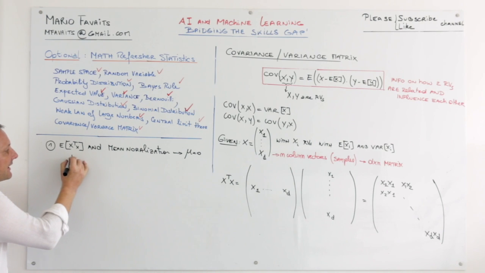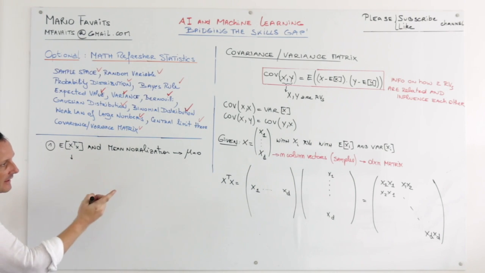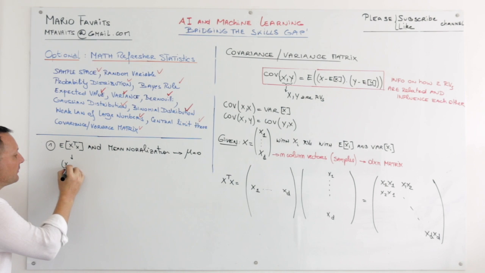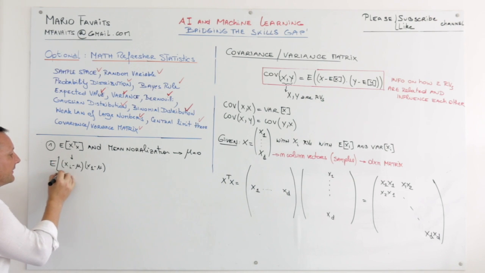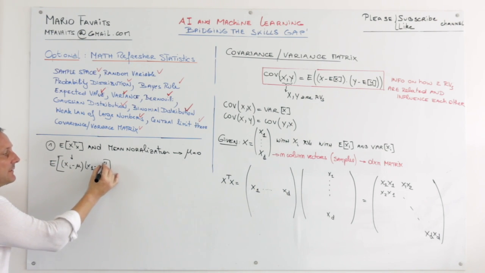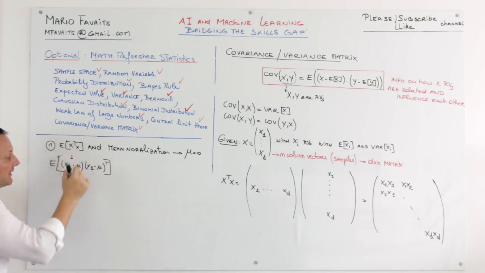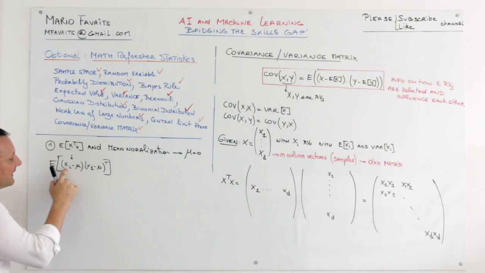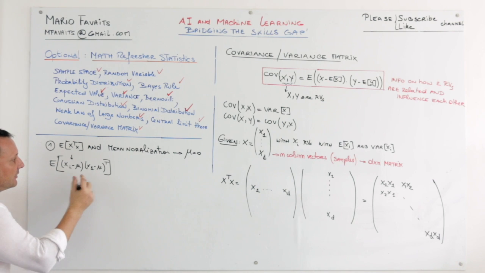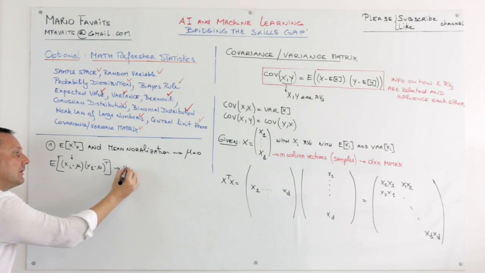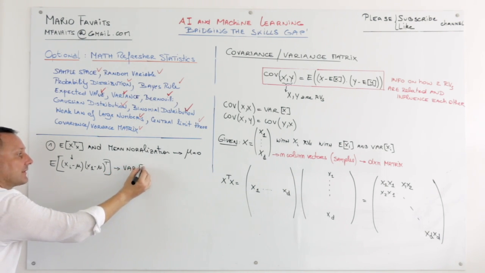Alright, so in a normal case, this would be x1 minus the mean times x1 minus the mean, and then the expected value. This we make transpose, and if mu is 0, you have x1, x1 transpose, expected value, so that would become the variance of x1.